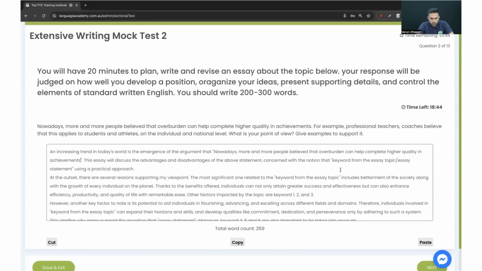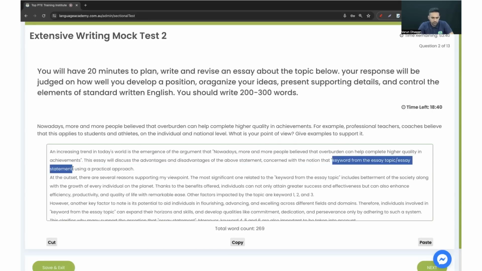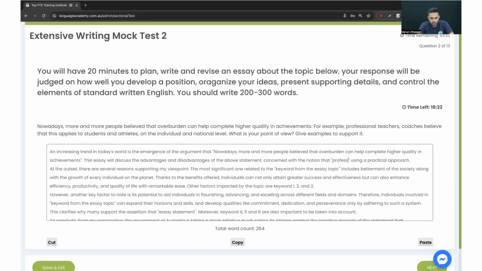achievements. Over here, we usually write some keywords from the essay topic, but because the essay topic is very long, I've written the first part in the first sentence and I'll write the second part in here because we have to make sure we include all the keywords mentioned in the essay topic in our answer at least once.